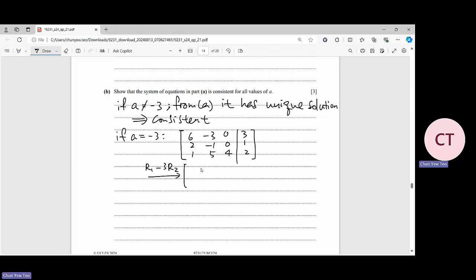So you get 0, 0, 0. All of the first row has become 0, like this. So now we can say that this one has infinite solutions. Therefore it's still considered consistent.